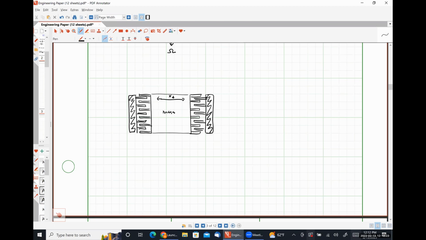So our rotational direction is out of the page. Our velocity is along that horizontal axis. We are going to see that the Coriolis force is going to induce movement along the vertical direction.